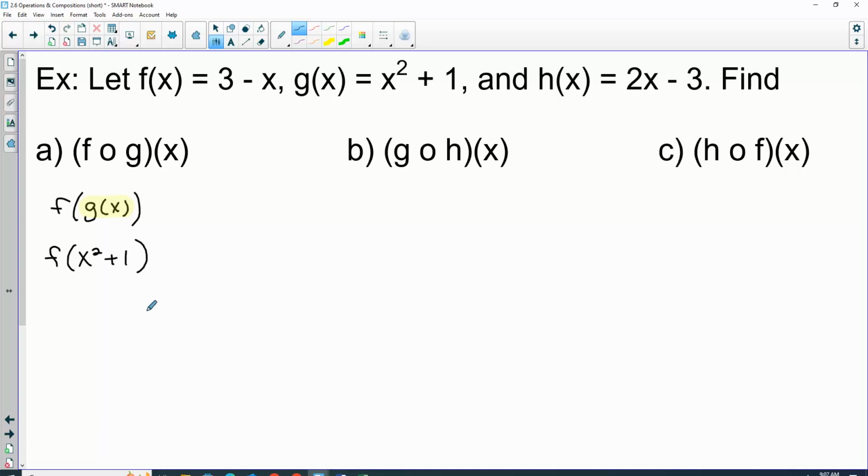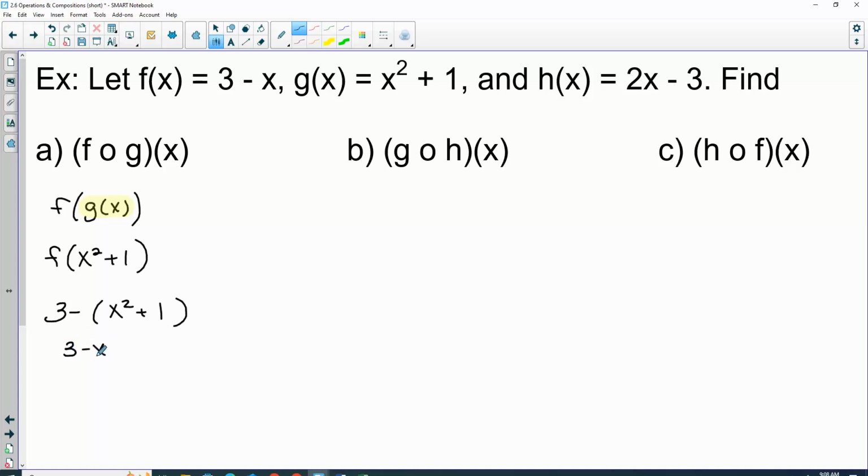If I ask for f of x squared plus 1, what does that mean? You go to function f, and we are replacing the x with x squared plus 1.